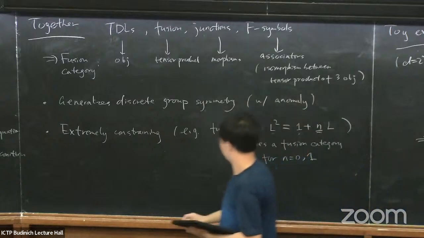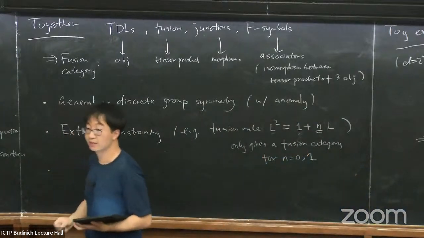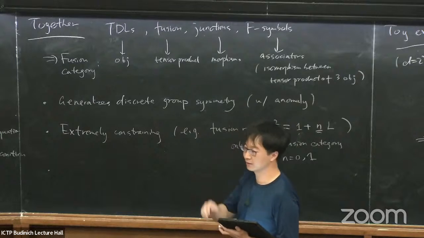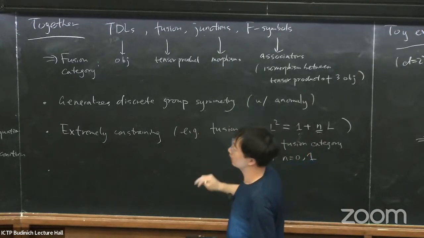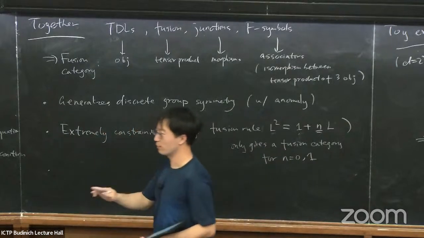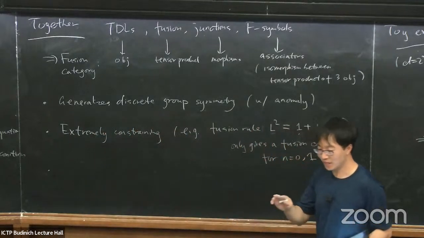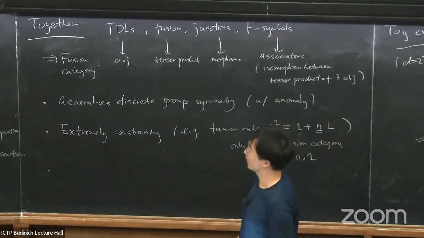Okay. Sorry, I have a question. Yes. So does this constraint come from unitarity or is it independent of unitarity? This statement is independent of unitarity. It's just, well, okay. So let me start. It depends on how unitary you want the theory to be.